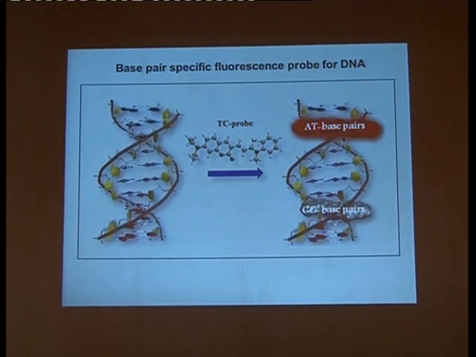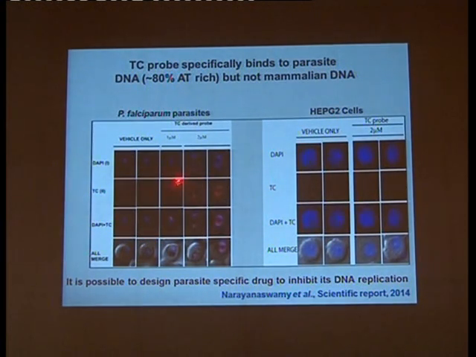Now, if that is true, can we use this for Plasmodium falciparum? The reason being, Plasmodium falciparum is 80% AT-rich. We used that, and we found in the mammalian cells as well as in the parasites, remarkably at very low micromolar level, this drug is going into the parasites. It is binding to parasite DNA very specifically.